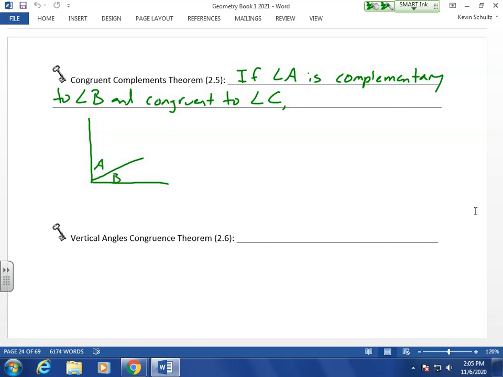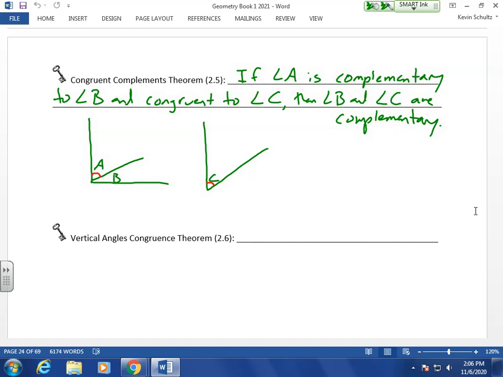Here's A. Here's B. Then over here, ooh, those don't look congruent, but they are because they're marked. There you go. Okay. So A is complementary to B and congruent to C. What do we know about B and C? Lucas? They are complementary. Okay.